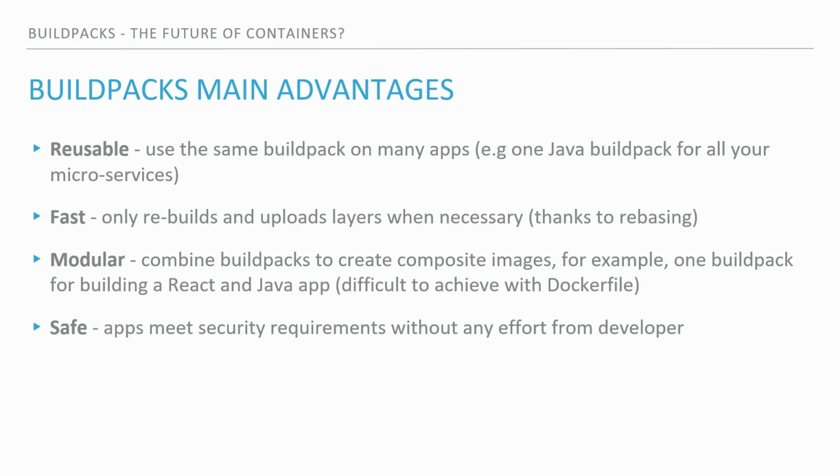If you have an app, maybe it's a React front end and Java backend, you can now have a buildpack made of different buildpacks, so you have one way to build your entire stack. And also it's safe. If you're using the community supported ones, they'll have all the latest security requirements built into them, and you also have the option to build your own, so you can federate that for yourself.